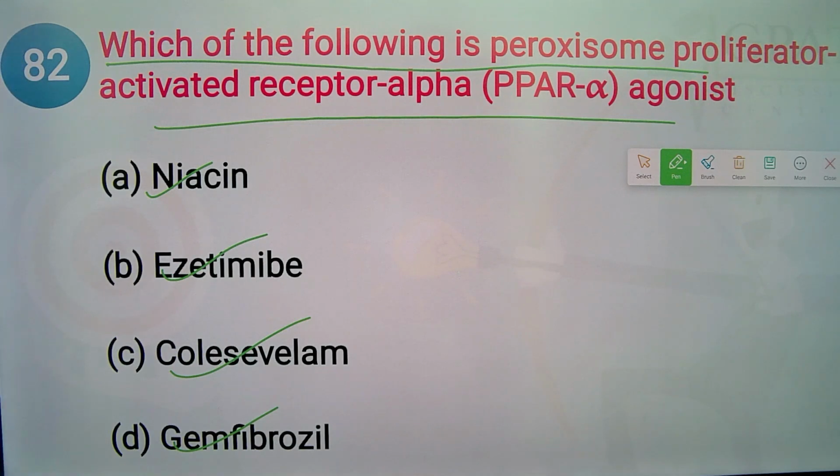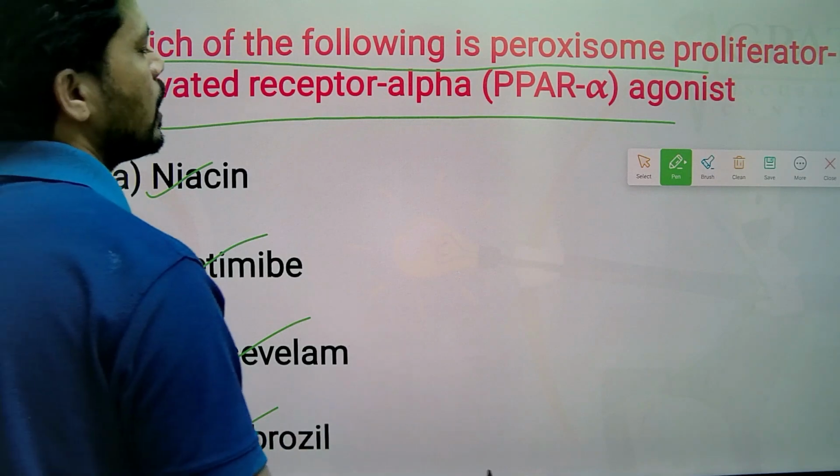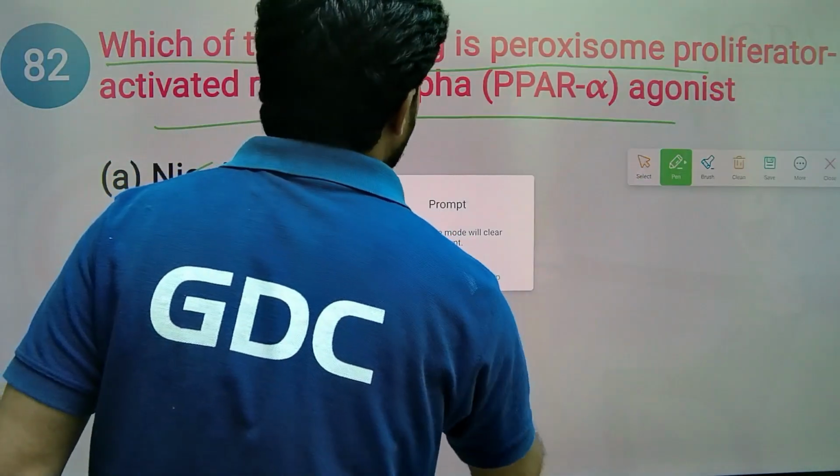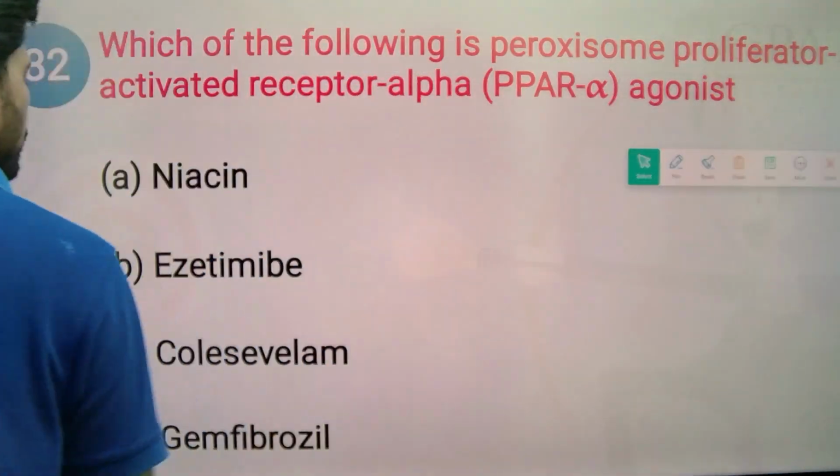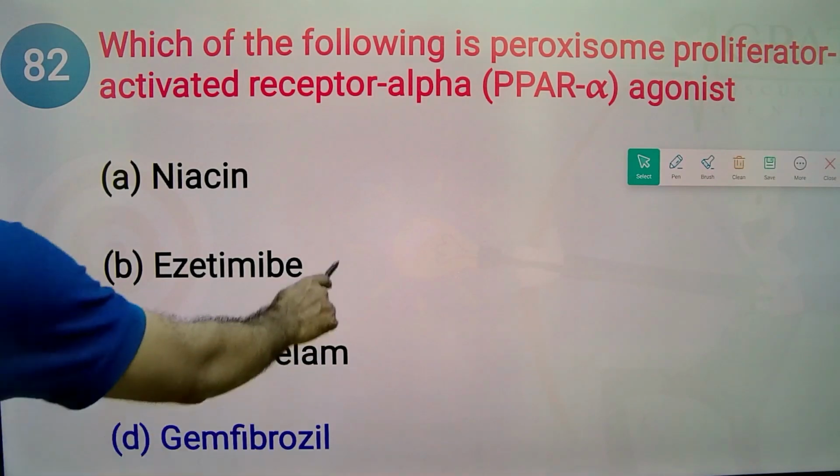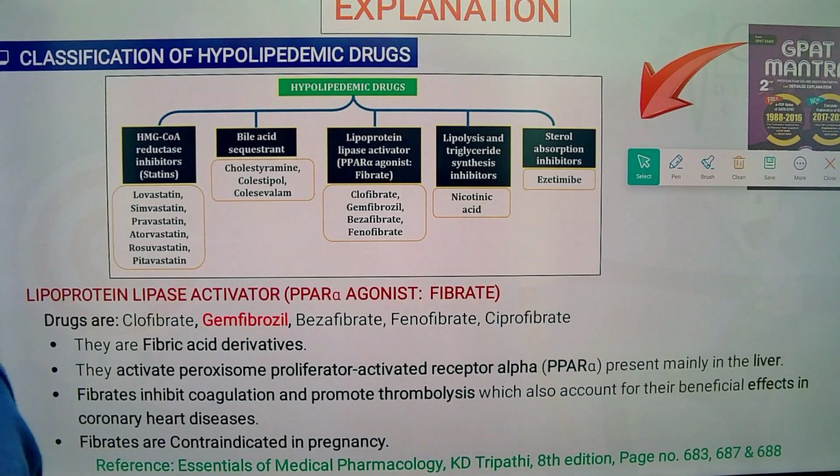Gemfibrozil is a hypolipidemic or anti-hyperlipidemic, which is an agonist at the PPAR-alpha receptor. PPAR-alpha receptors belong to the nuclear receptors, class 2 or class B nuclear receptors.